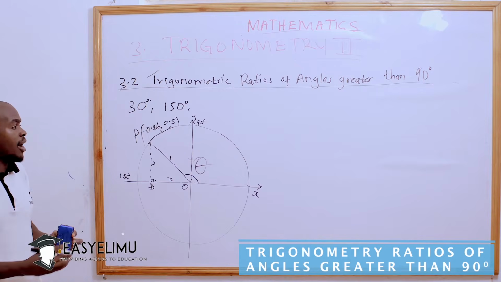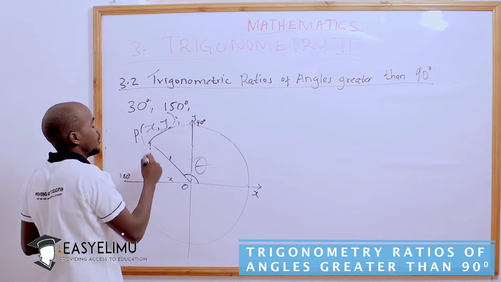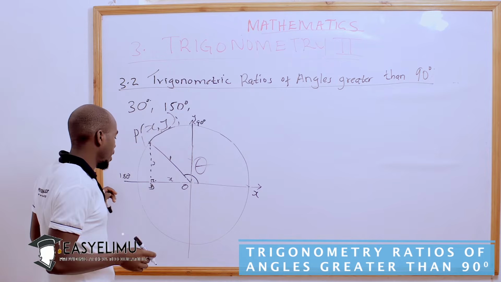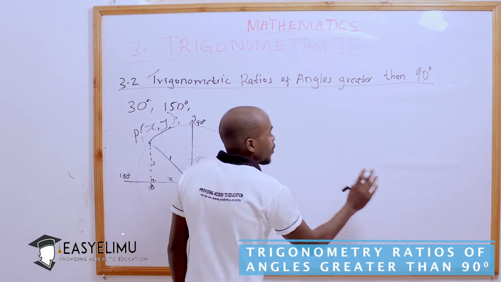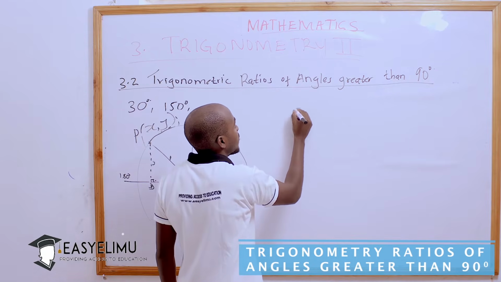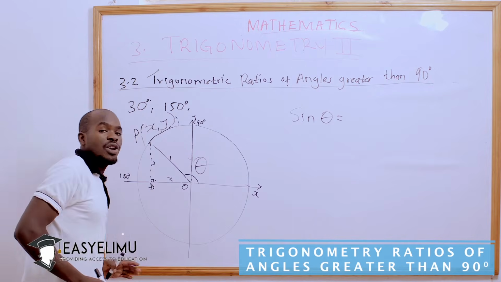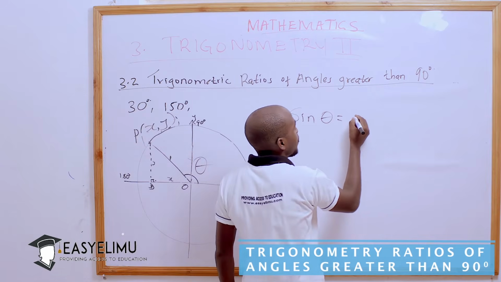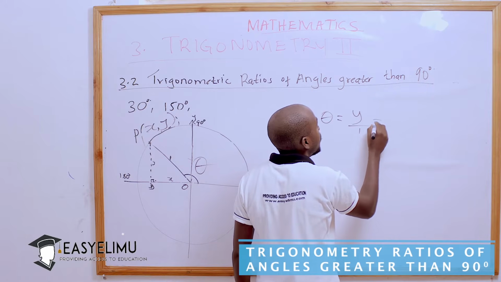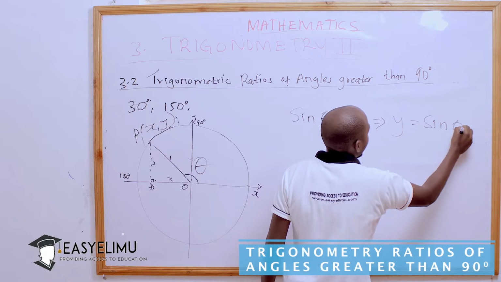So if we are finding that angle theta, then to find the coordinates of P, which is xy, from our working out, we shall find that sine of that theta angle in this second quadrant is y over 1, so y is equal to sine theta.